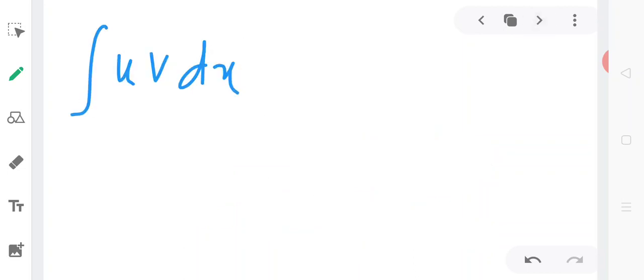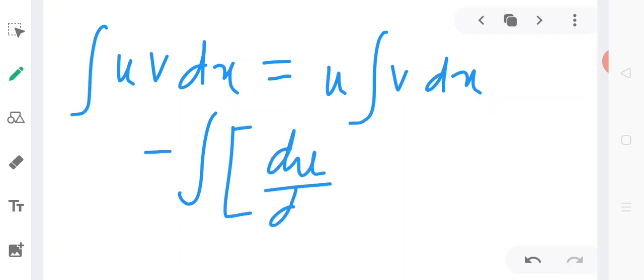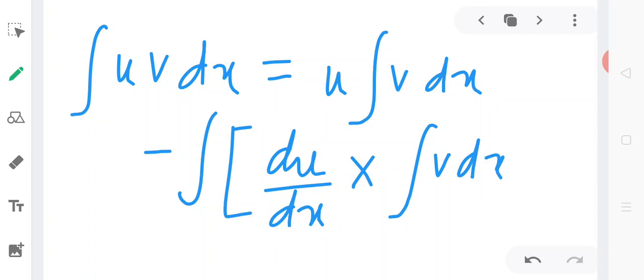So integral of uv dx will be written as u integral of v dx minus integral of differentiation of the first function into integration of the second function into dx.